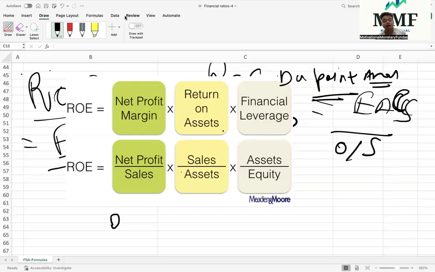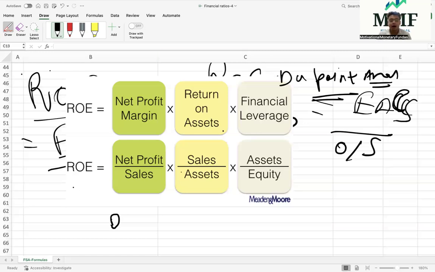If the return on assets is rising, if the efficiency of the business is rising, or the operating leverage has started to kick in, your ROE will rise. But if your financial leverage is rising, again your ROE will rise. So when all these three components are rising, your ROE will rise.